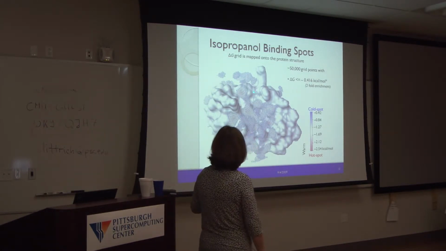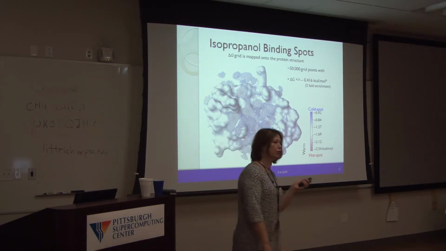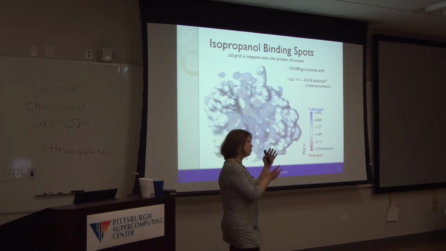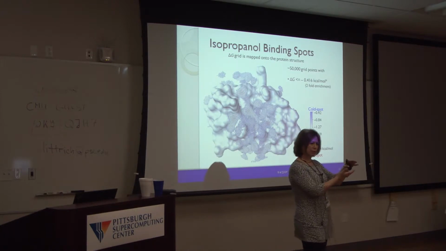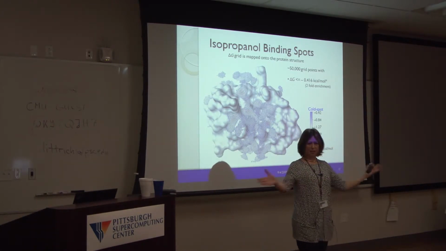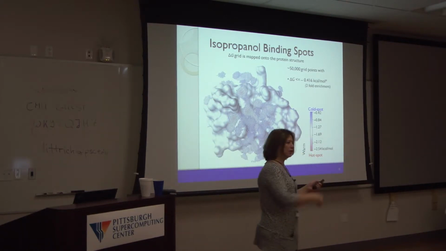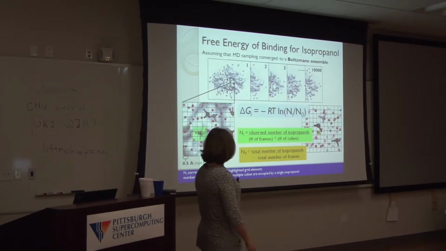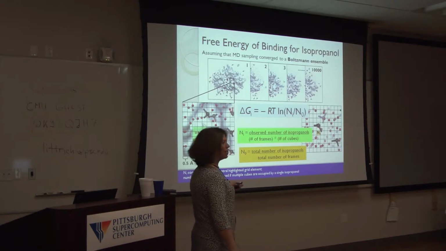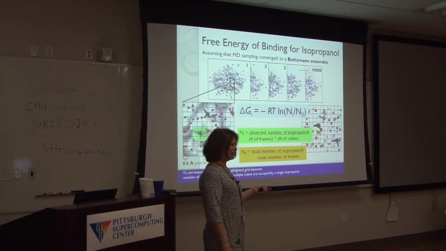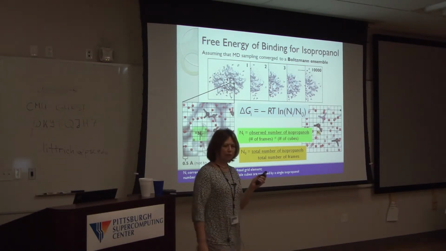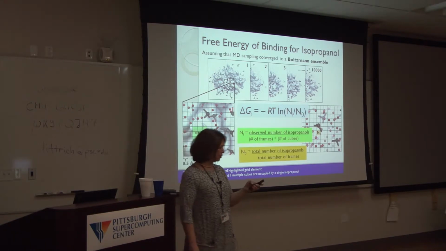And if at a given position, at a given point, you have a twofold enrichment, so the probability of having an isopropanol there is twice the overall density. So if you put 2 in this equation, ln2 is about 0.69. RT at room temperature is 0.6 kcal per mole.